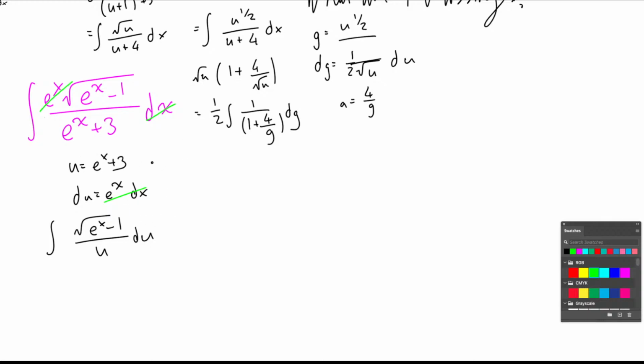Then what we can do is make u minus 4 equals e to the x minus 1, right? Because then u equals e to the x plus 3. See what I did there? Yeah, pretty cool. Then we take this u minus 4 and put it in there. What we're left with is square root.